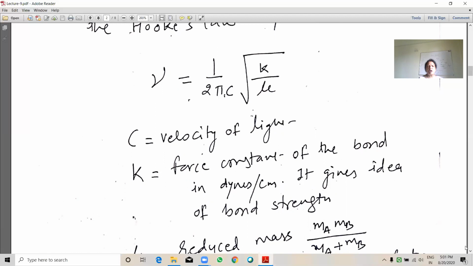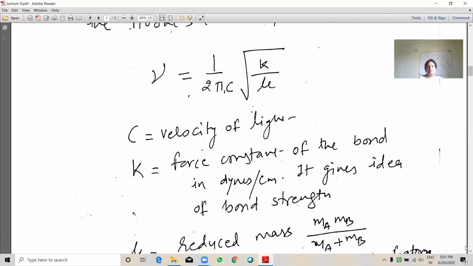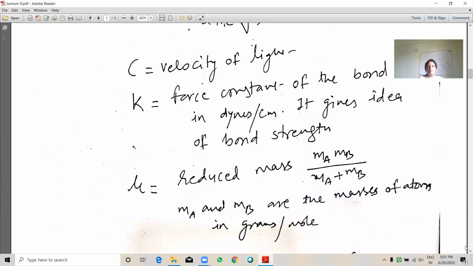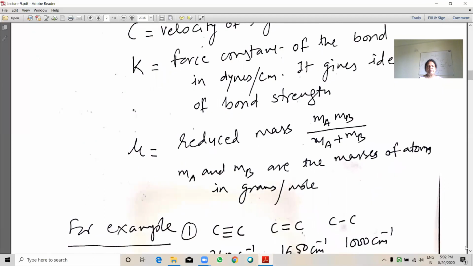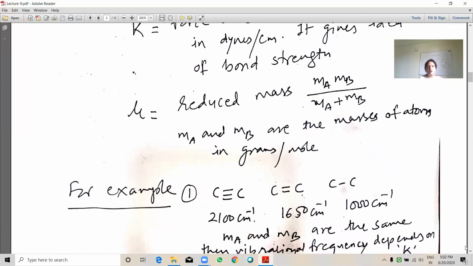It gives an idea of bond strength. If bond strength is more, frequency will be more. And if the reduced mass is less, frequency will be more. So it depends on the mass of the atoms and the force constant of the bond.